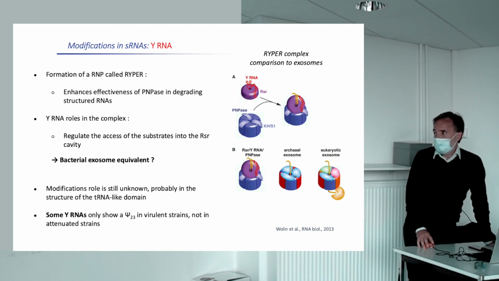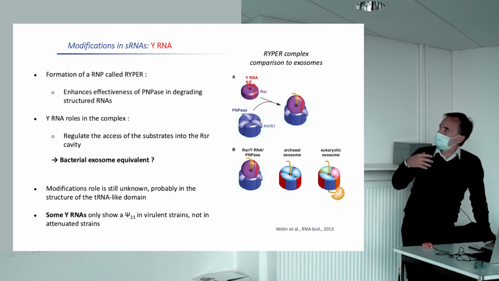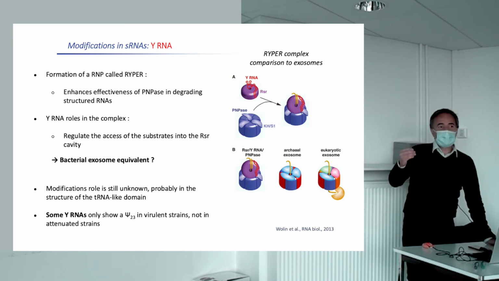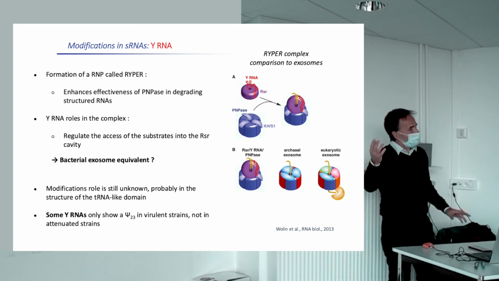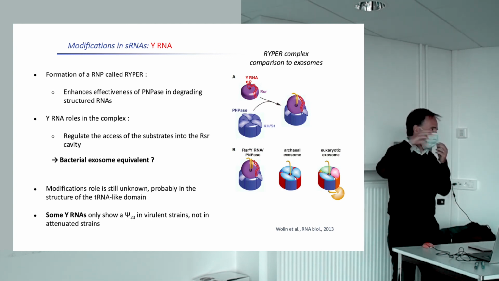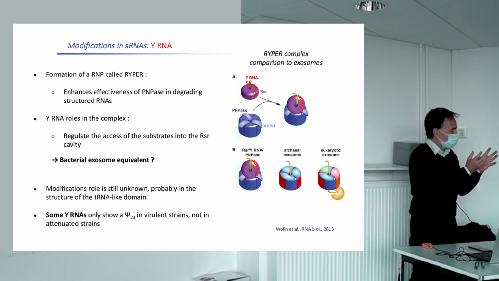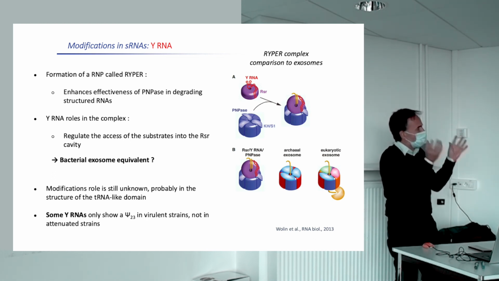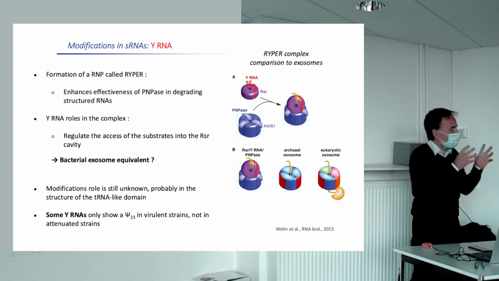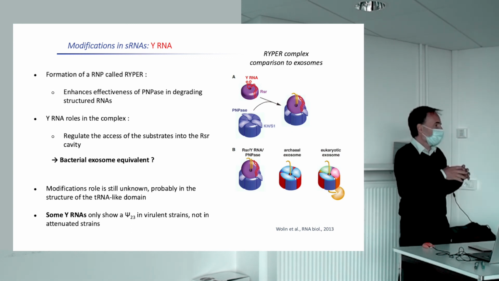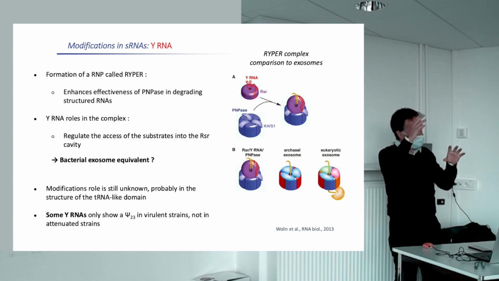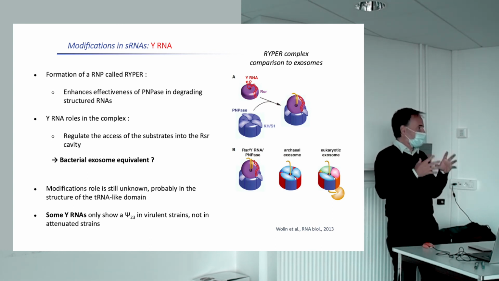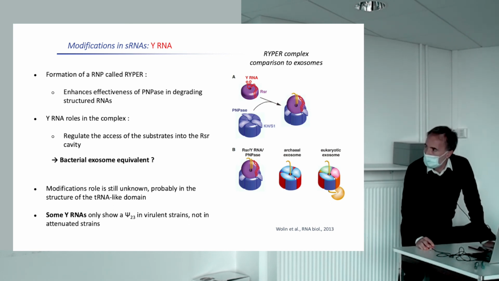The modifications are probably there in order to produce this tRNA-like structure that probably prevents this RNA molecule from being degraded. So it is an RNA molecule that is in complex with the sort of degradosome, with the machinery to degrade RNA. But in itself, it is not degraded. So probably because it is stabilized by the fact that it has a tRNA-like structure stabilized by the presence of the modification.